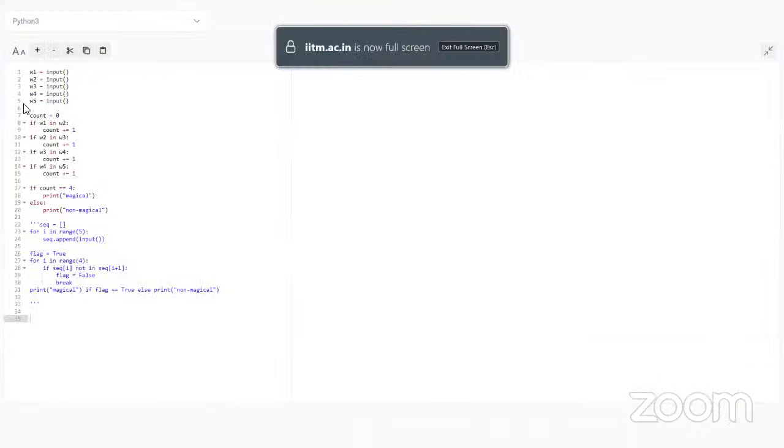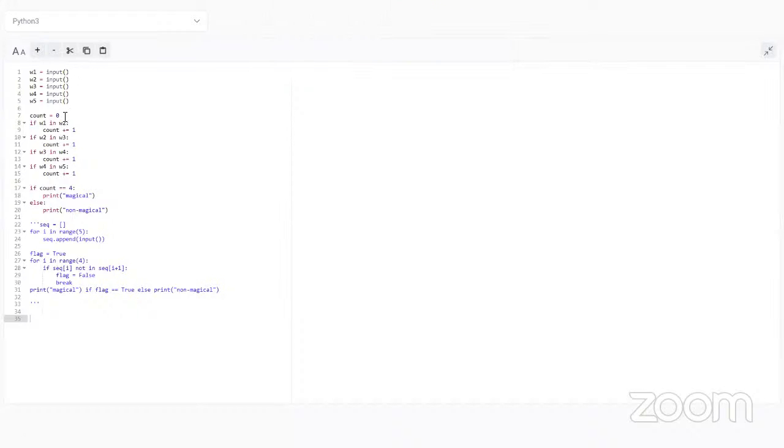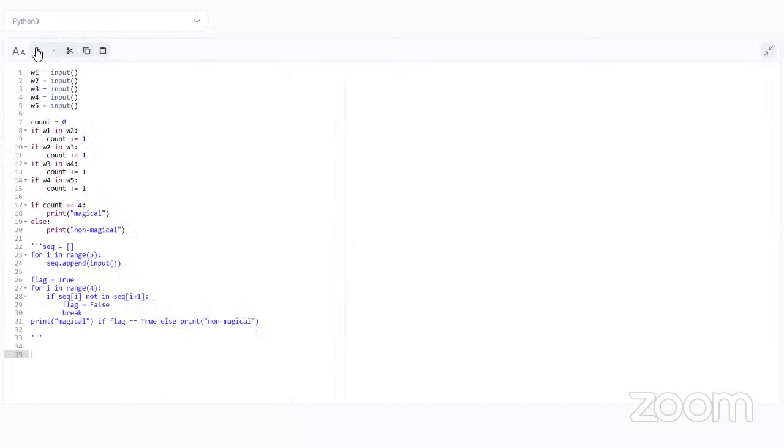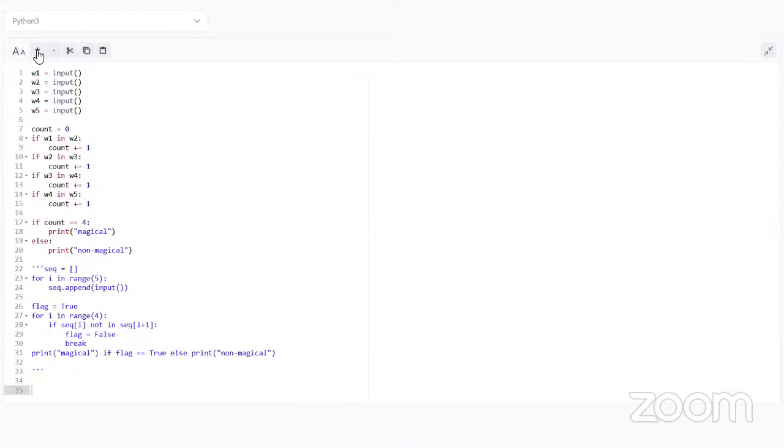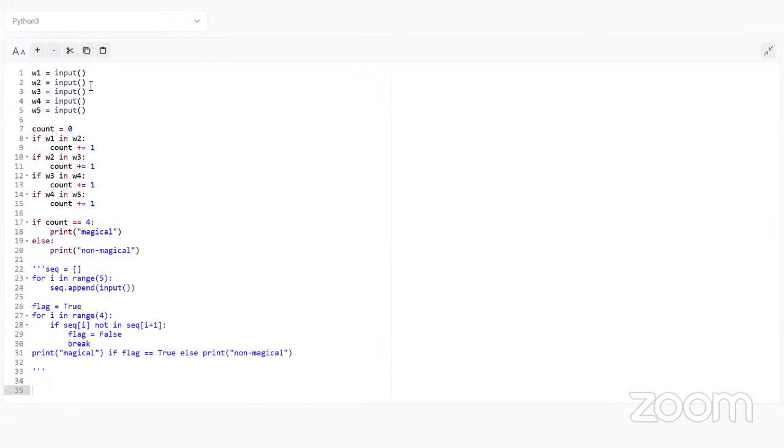Okay, so for the first part I input 5 variables. Then I introduced another variable called count.